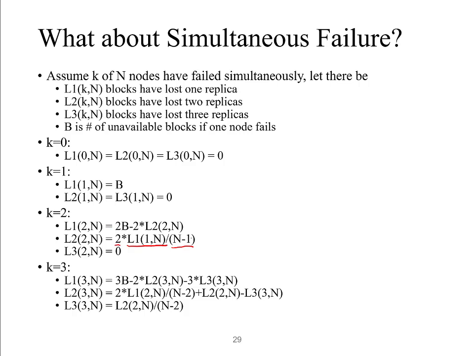So that's 2 and n minus 1, the meaning of 2 and n minus 1 here. Basically, the expected number of blocks that have lost 2 replicas would be 2 times L1 of 1n divided by n minus 1. All right, so if we have this number, then the number of L1 to n is easy to get.